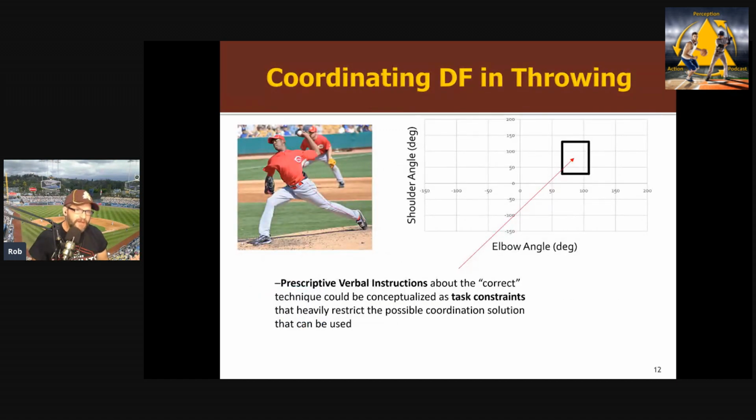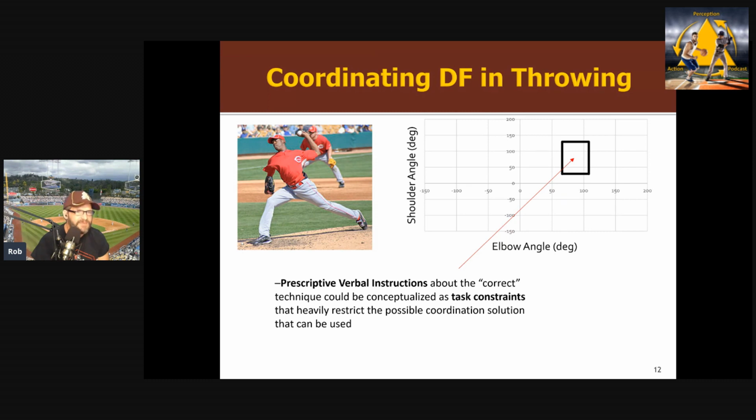In Newell's constraints-led model, we could represent this in solution space. It's like putting a little box in solution space. Solution space is all the possible choices you could use to solve a movement problem. In prescriptive instruction, the traditional information processing based approach, we're telling you, you have to be here.